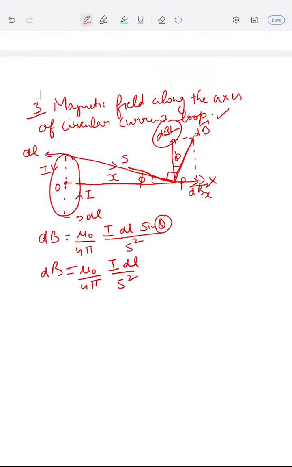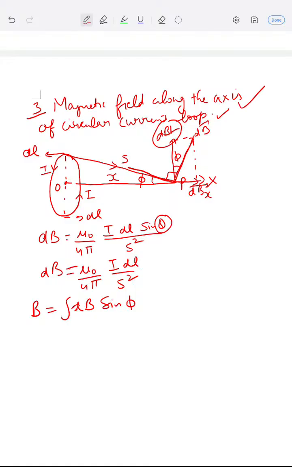Along the axis direction, we have chosen the total magnetic field. How to calculate the total magnetic field? Integrate the small amount of magnetic field along with sine phi, along the axis of the current.